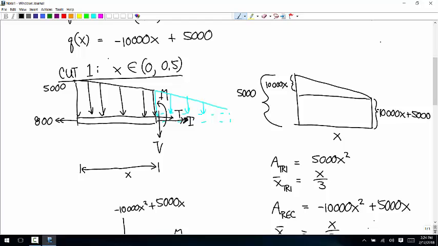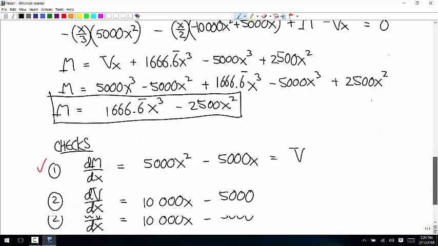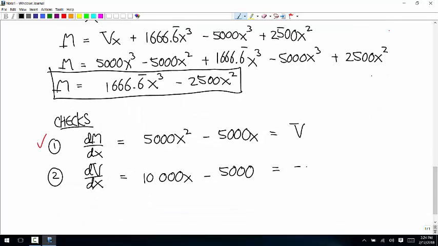So way up here, our q is negative 10,000x plus 5,000. That one works. And then all the endpoint stuff, I can see that works too. Pretty obvious. Yeah, works.